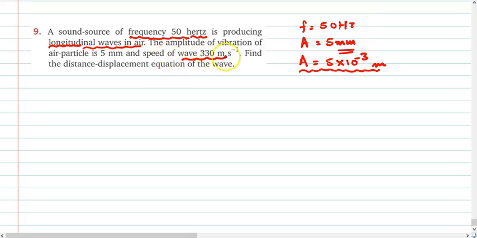And the speed of the wave is 330 meter per second. Okay, and they want us to find the distance displacement equation of the wave.